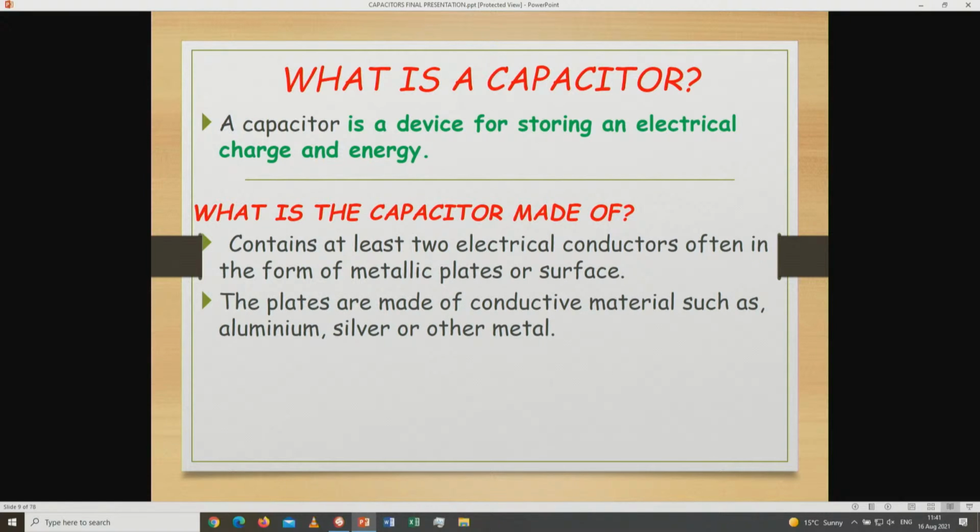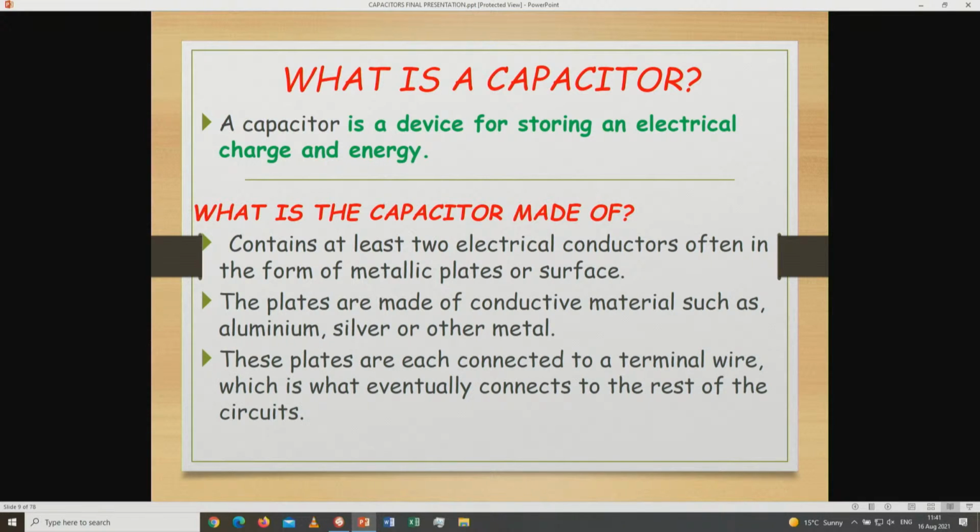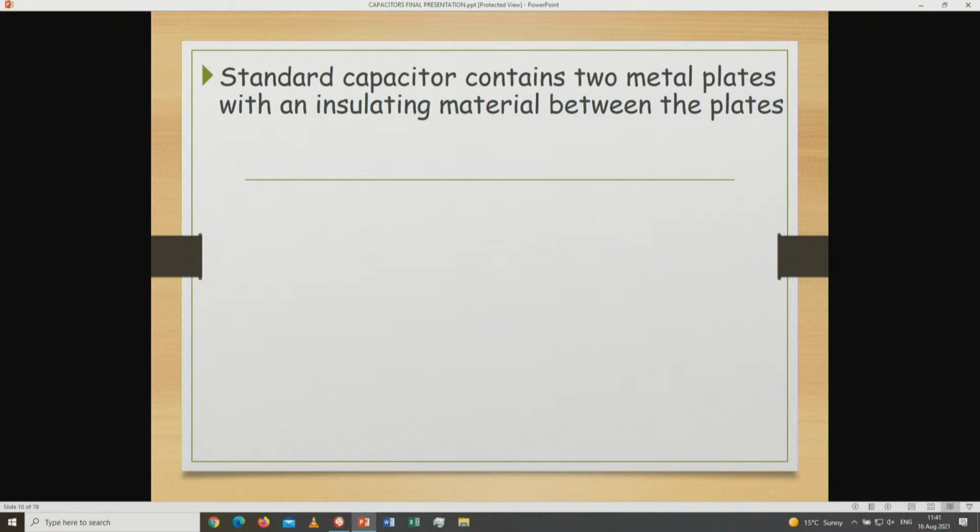The plates are made of a conductive material such as aluminium, silver, and other metals. You know that metals are good conductors of electricity. These plates are each connected to terminal wires, which eventually connect to the rest of the circuit. Those terminals were indicated earlier on.